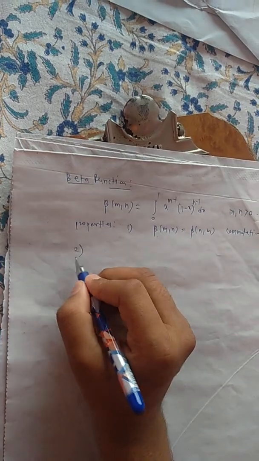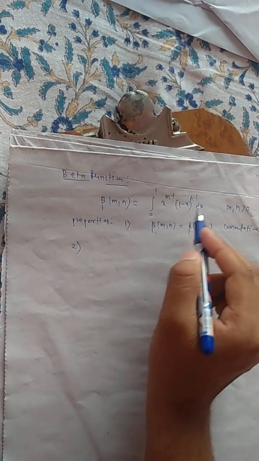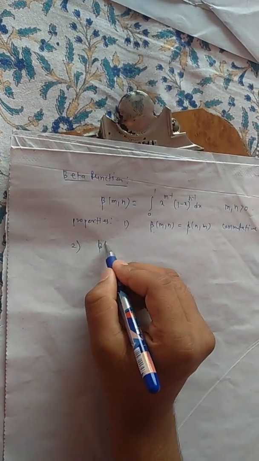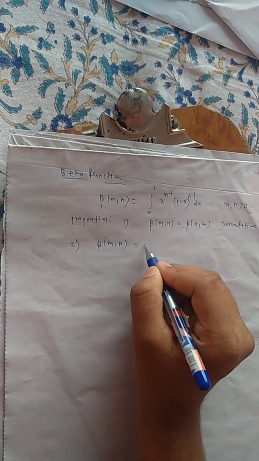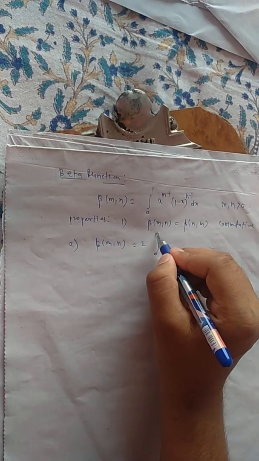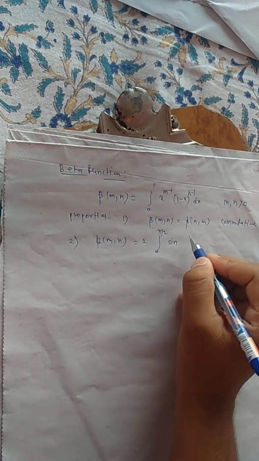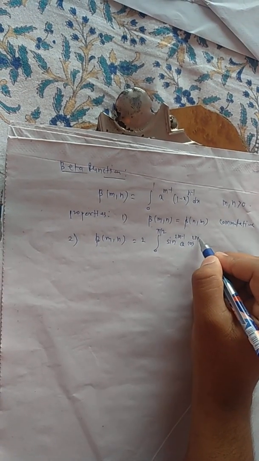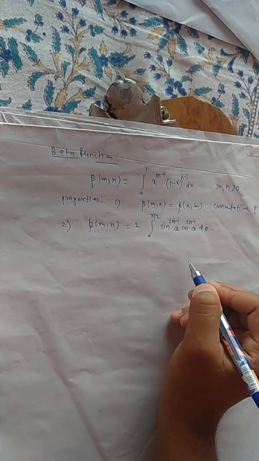Fine. Second property: we are converting that integral in the form of sine and cos, that is, beta(m, n) is equal to 2 times integration from 0 to pi by 2 of sine raised to 2m minus 1 theta, cos raised to 2n minus 1 theta d theta.